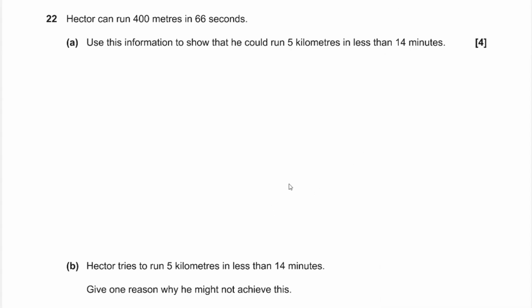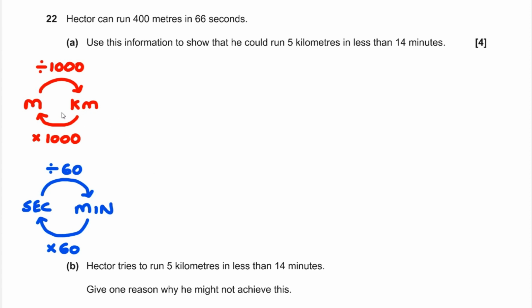Question 22. Hector can run 400 metres in 66 seconds. Part A. Use this information to show that he could run 5 kilometres in less than 14 minutes. Now there are two conversions we require. We've got the conversion from metres to kilometres and the conversion of seconds to minutes and vice versa.